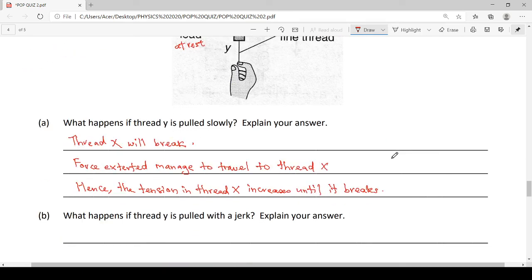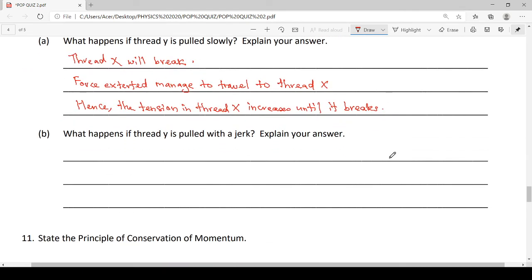Alright. So what happens if thread Y is pulled with a jerk? The answer to that question would be thread Y breaks. Okay, why?